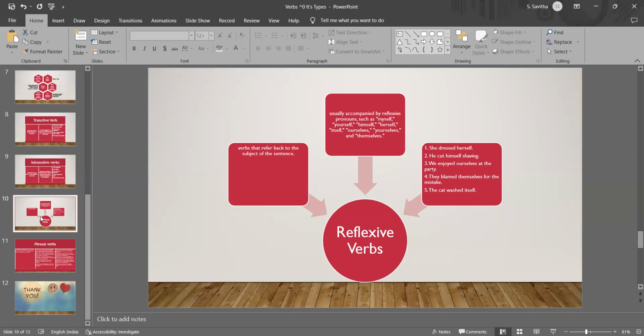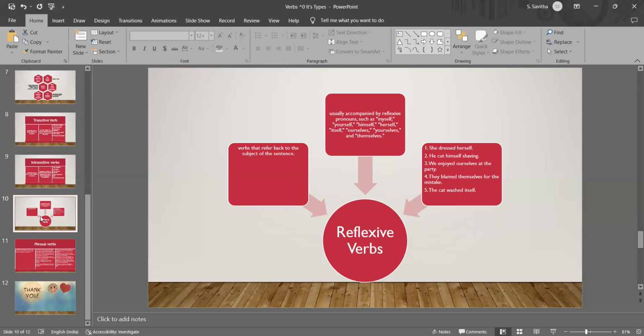They are usually accompanied by reflexive pronouns. What are reflexive pronouns? Myself, yourself, himself, herself, itself, ourselves, yourselves, and themselves. They are all reflexive pronouns.